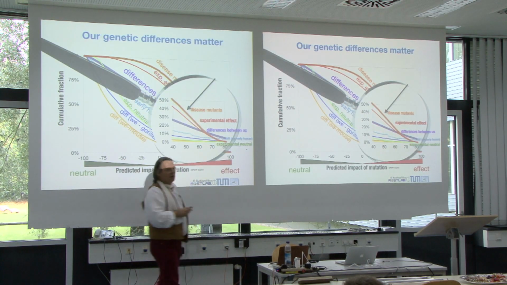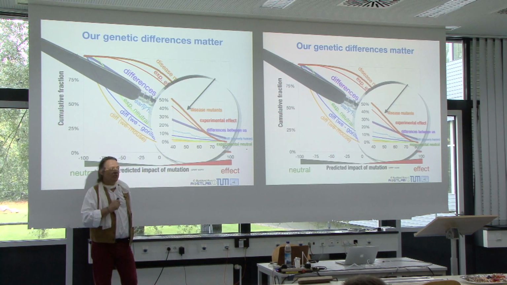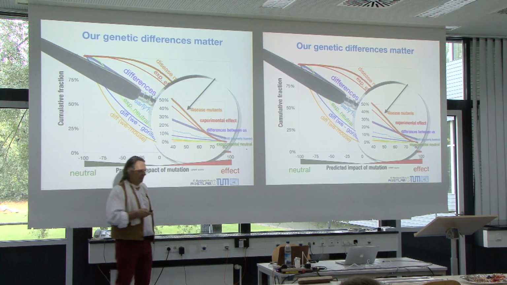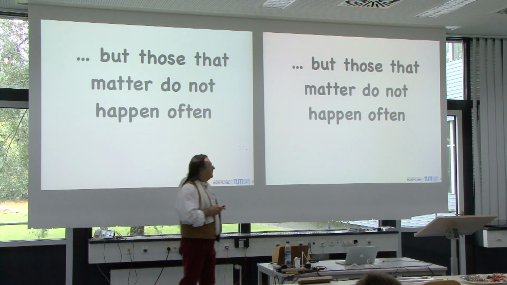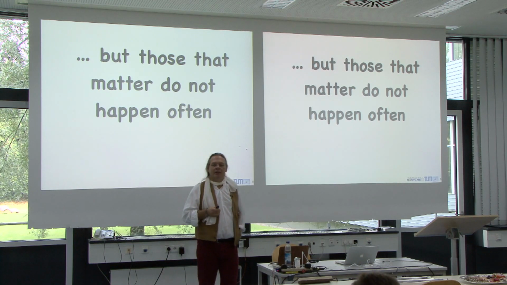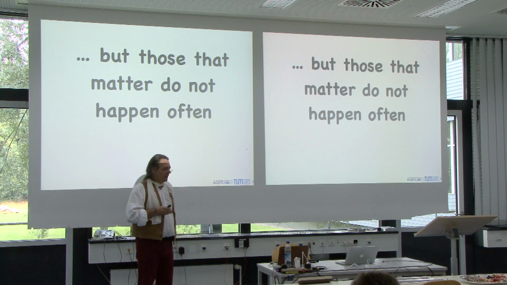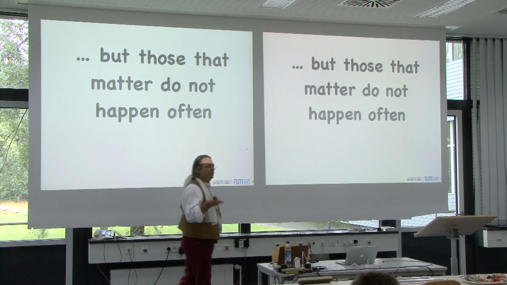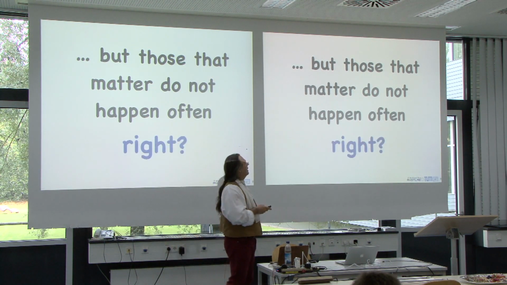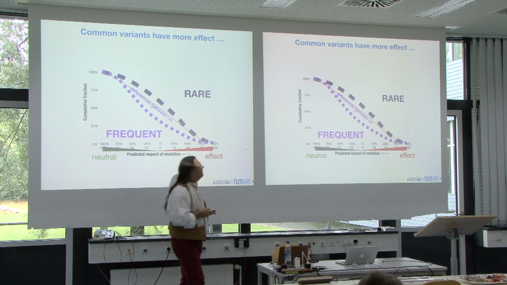And one thing is clear. The genetic differences that we have, the 10,000, they do matter. Obviously, they are not the killer mutations, but they clearly matter. Then we may argue, well, the ones that matter, they do not happen often. And that's wrong. And let me not get into that.